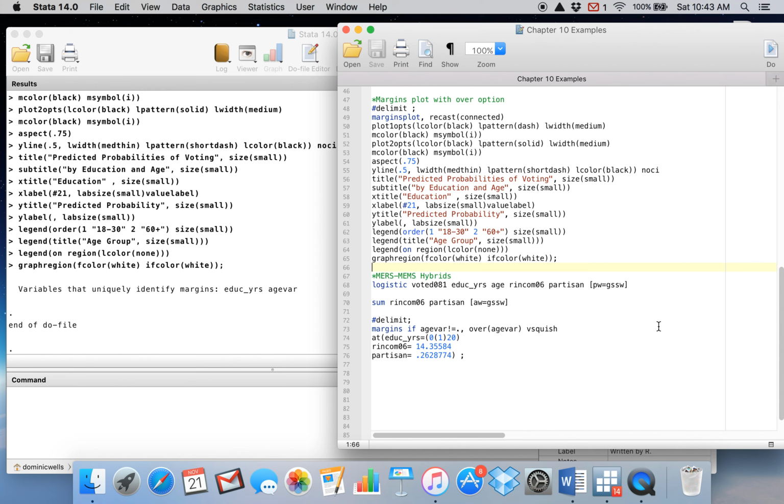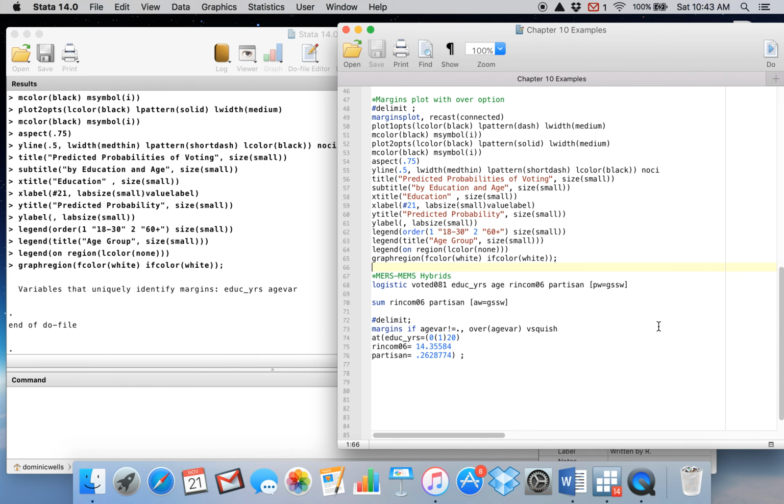Okay, so the last part we look at is kind of a hybrid of the first two things we looked at. We have seen that we can use the @means command to hold our control variables at their means. So that's when we were holding age at like 47.888 something.